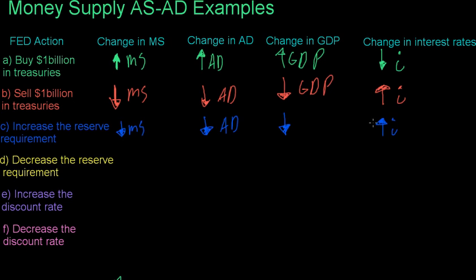And the way to think about this here is that the interest rates on bonds are basically the amount that the bond pays you divided by how much you had to pay for the bond. So if there's less money in the entire world, those bonds are going to be cheaper.